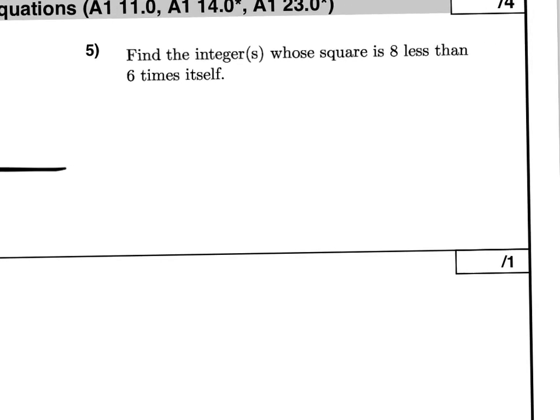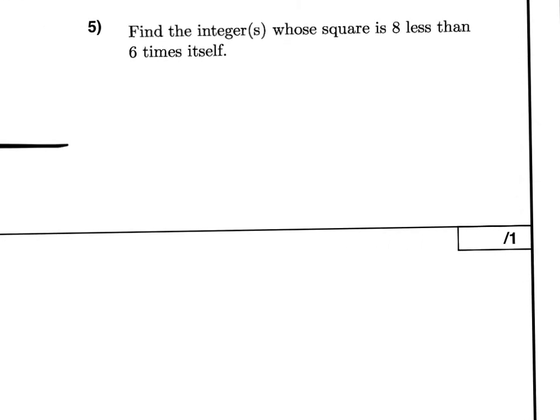Okay, let's look at number 5. This is one of those word problems. Find the integer whose square is 8 less than 6 times itself. So we're looking for a number that when we square it, so some number squared is, which means equals, 8 less than 6 times itself.